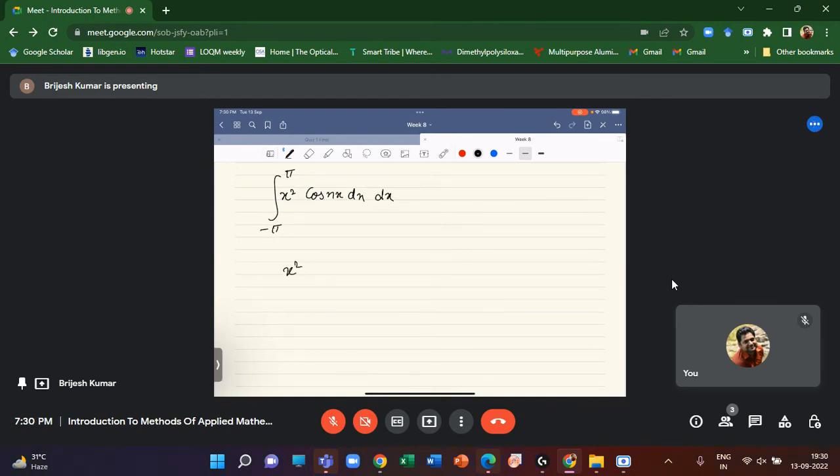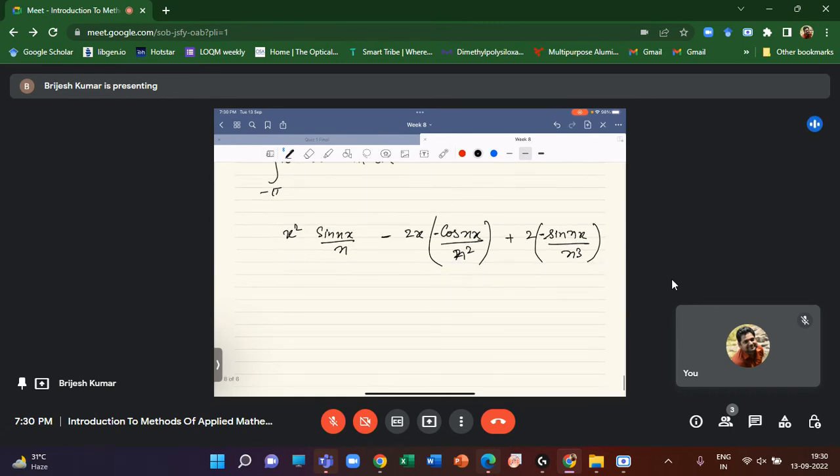First, x square stays the same, this will be sin nx upon n, minus x square differentiation 2x, then cos nx upon n square, then again plus, and double integration of this one will be 2, and then cos integrates to sin nx upon n cube, minus.